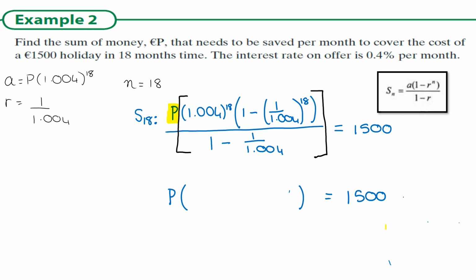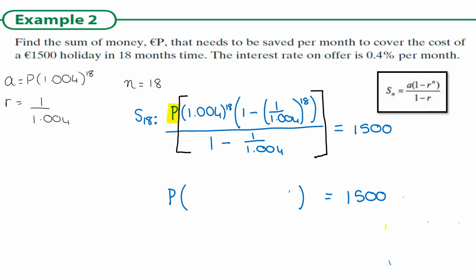1 minus, open my bracket, press my fraction button, 1, I move down, and I do 1.004. I move to the right to move out of my fraction. I close my bracket and I give a power of 18. I move right out of my index and I do a closed bracket.